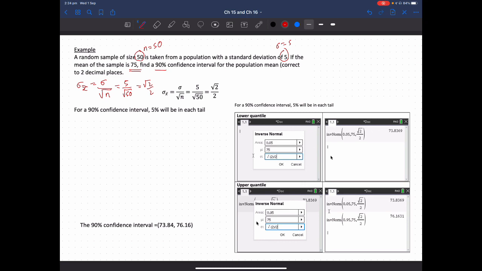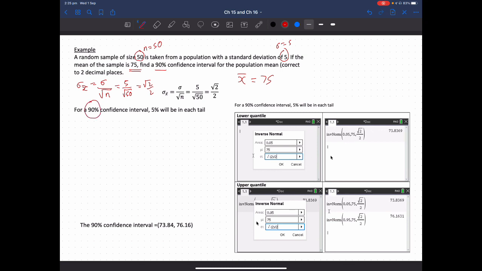What we've worked out here is the mean of the sample, which was equal to 75. So now we're going to look at the 90% confidence interval. What do we know?